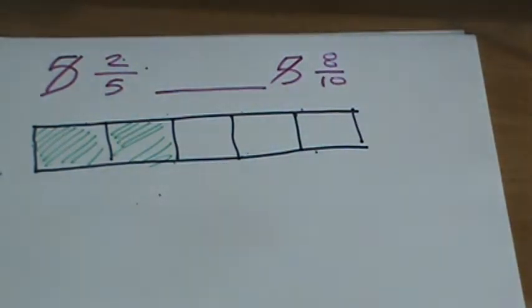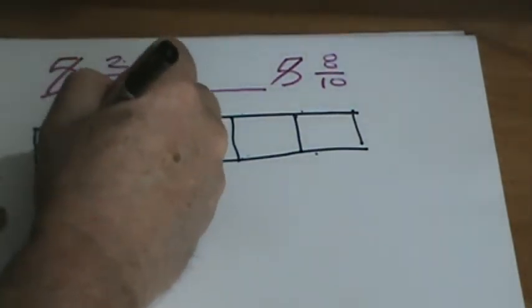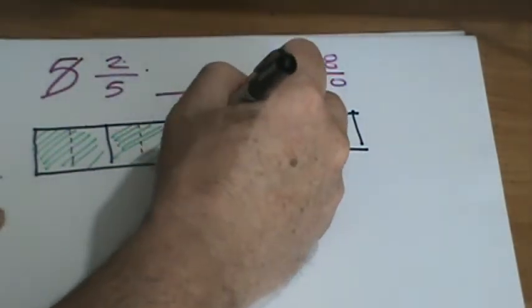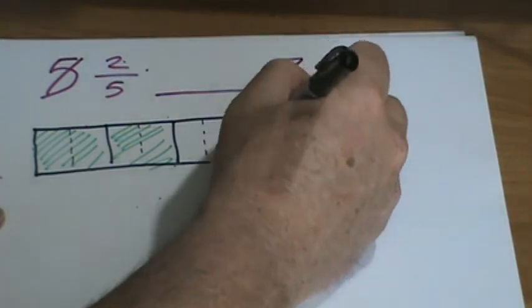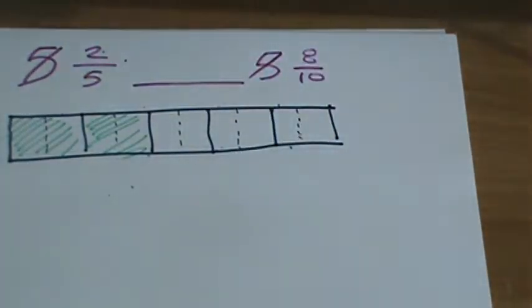And I think that you already know what is going to be bigger because you're a very smart group of boys and girls. So let's break this into half. 1, 2, 3, 4, 5, 6, 7, 8, and 9, 10. So instead of fifths, they're now 10. So let's see what 8 tenths looks like.